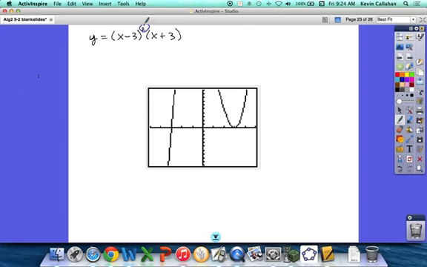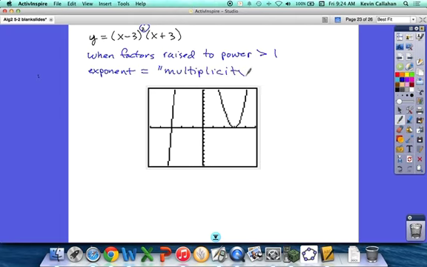It means it has a multiplicity of 2. So that has a multiplicity of 2.